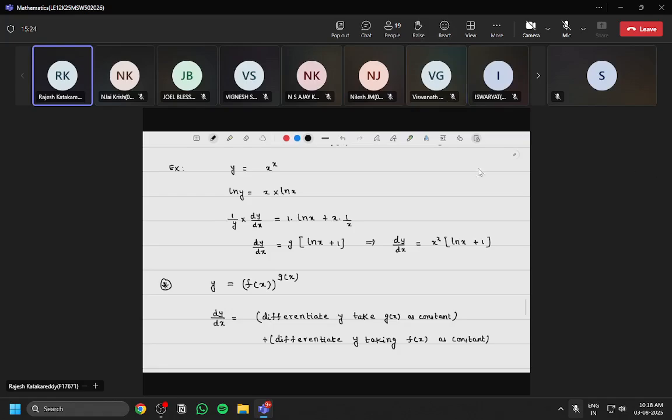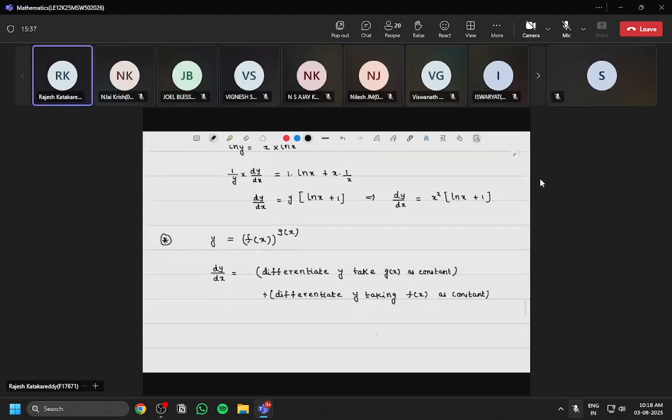You have x power x. Find the x power x derivative separately and then use that one. Three times we will have another variable. You know how to differentiate x power x; you need to do that separately.